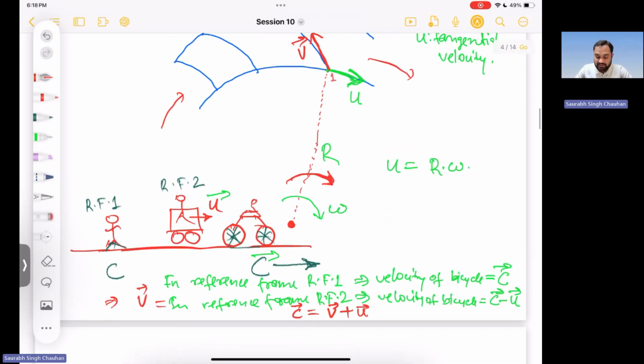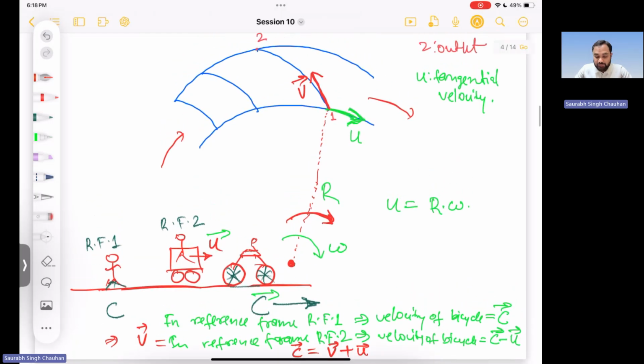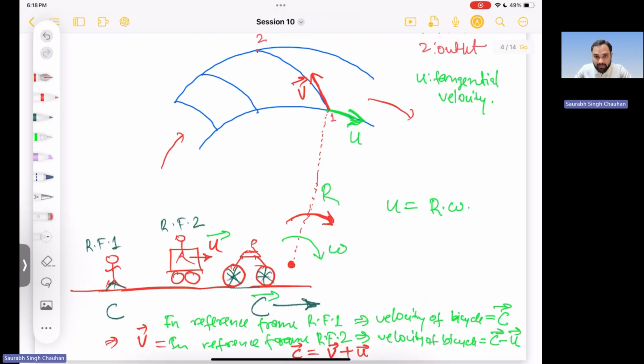In our case, it is the velocity of point 1, the tip velocity. So the absolute velocity will be u vector plus v vector. If I draw the resultant at this point, it will be somewhere here. It is just our well-known parallelogram law. So this will be the absolute velocity.